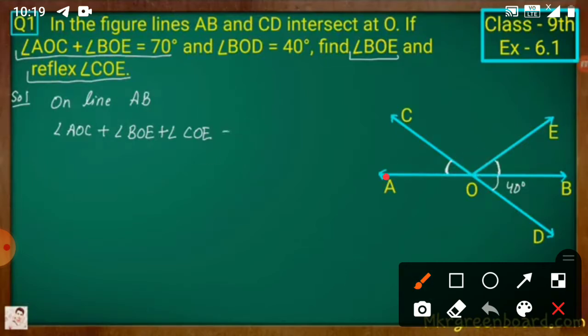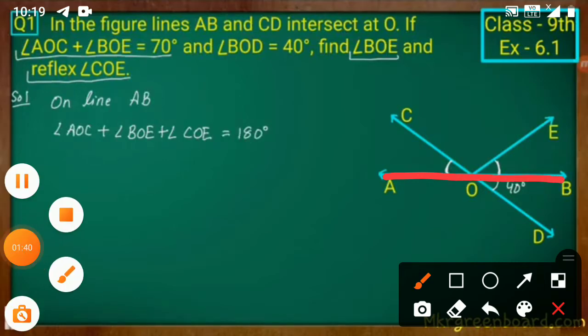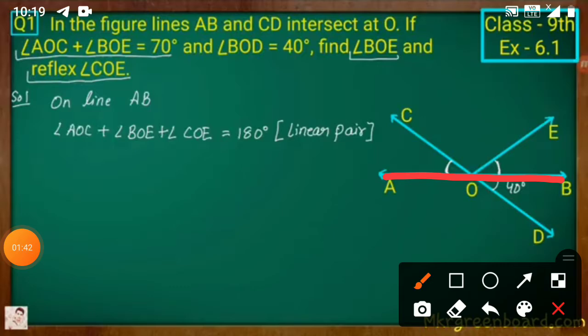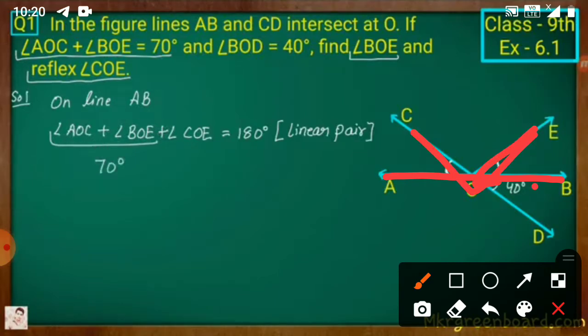See here, this is from AOB. From here to here, AOB is 180 degrees. This is a linear pair of angles.